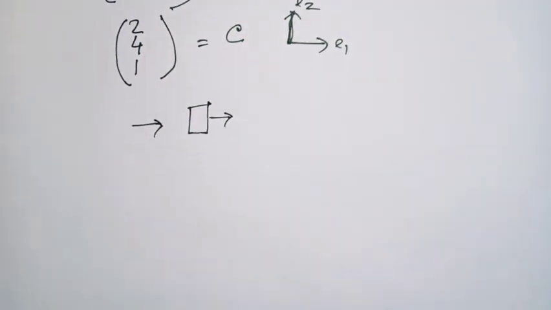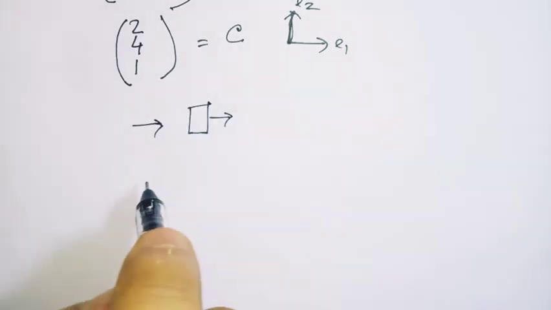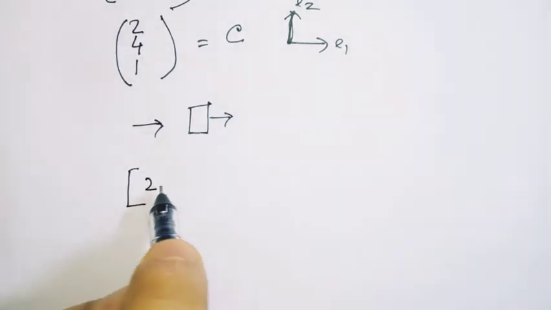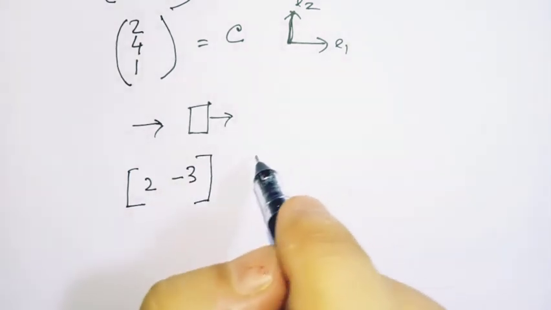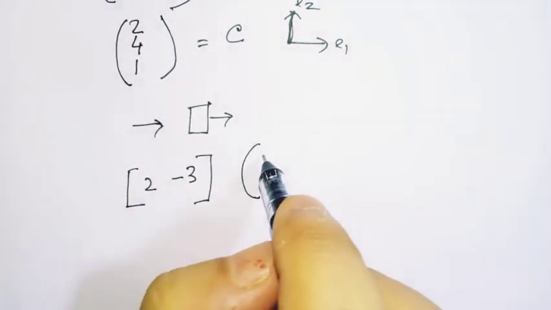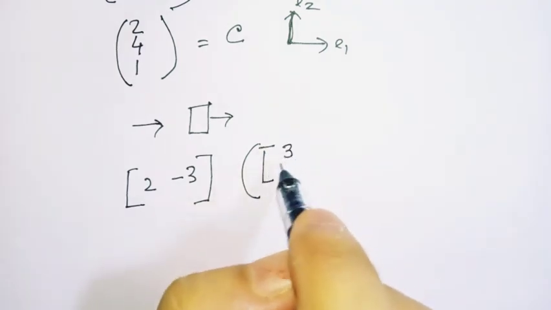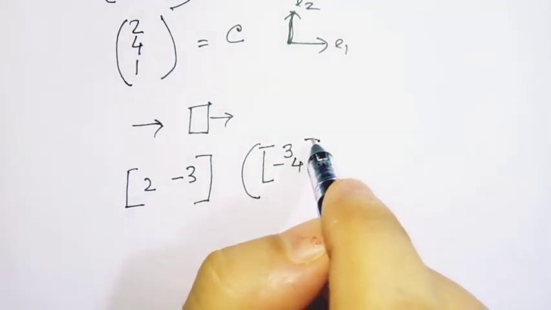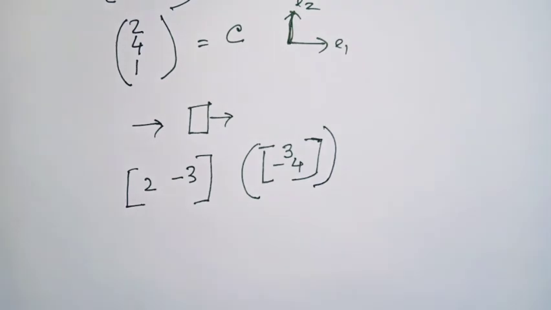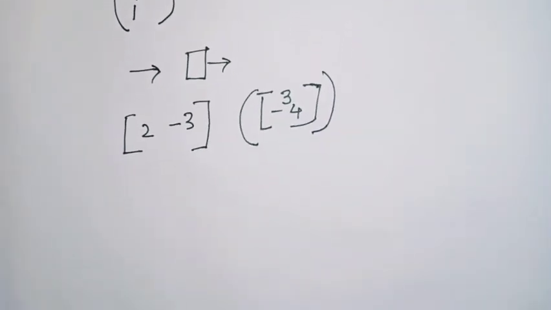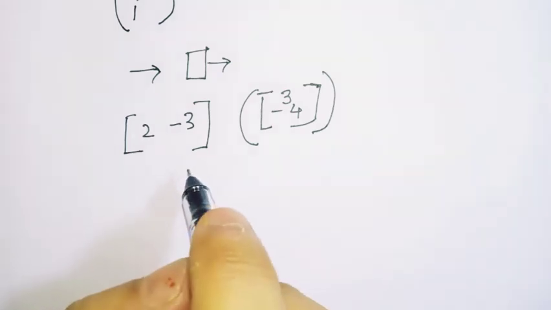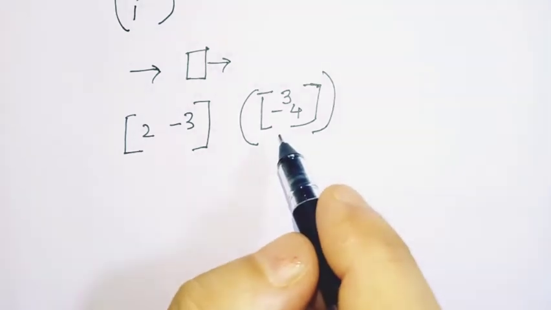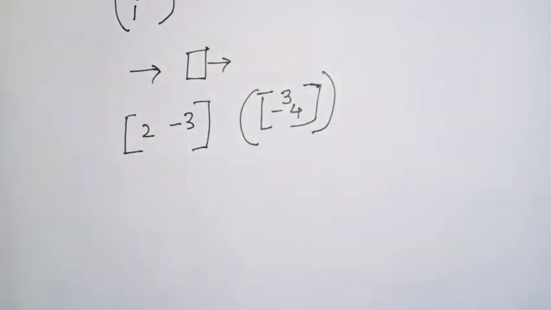For example, take a row vector 2, minus 3, acting on a column vector 3, minus 4.